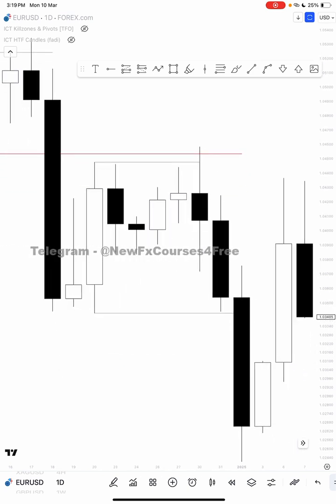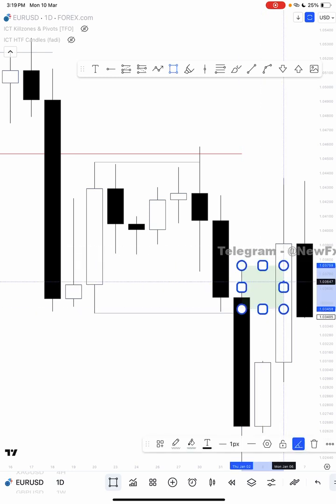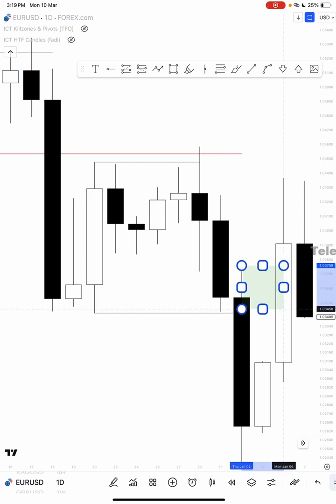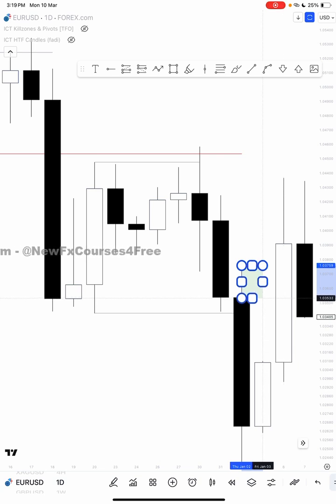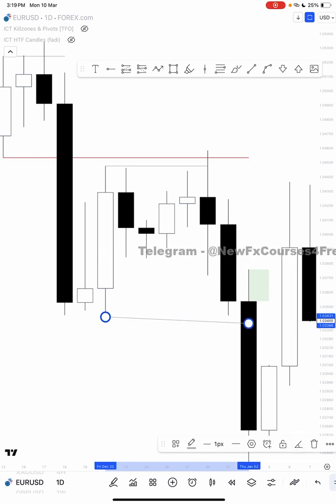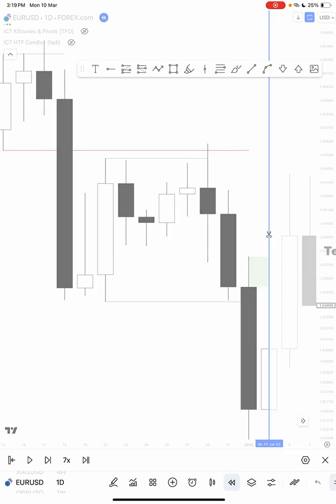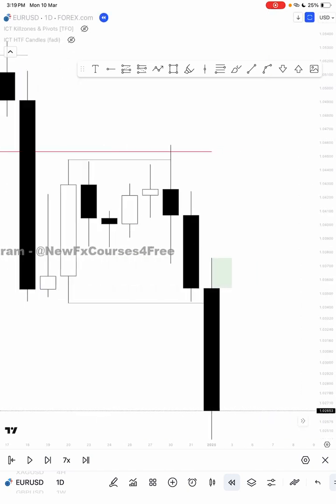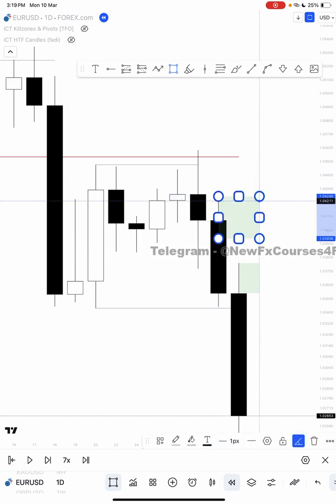So let me say you wanted to trade this candle, open, high, low, close, to the daily range candle. Or let me use the one above this, open, high, low, close, then take it down to the range low.